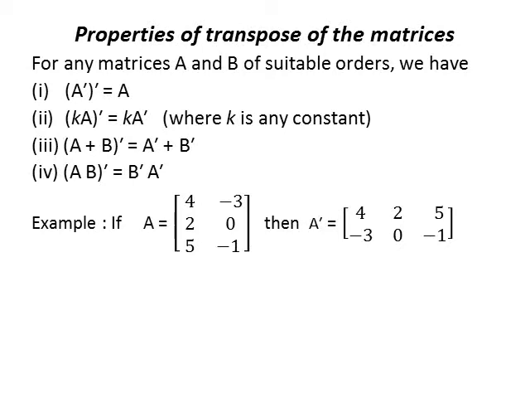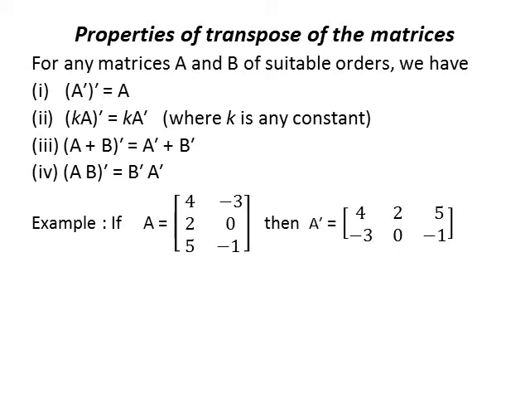If A is a matrix of order 3 by 2 with elements 4, minus 3 in first row, 2, 0 in second row, 5 and minus 1 in third row, then transpose of matrix A is of order 2 by 3 and obtained by interchanging the rows and columns of A as shown.